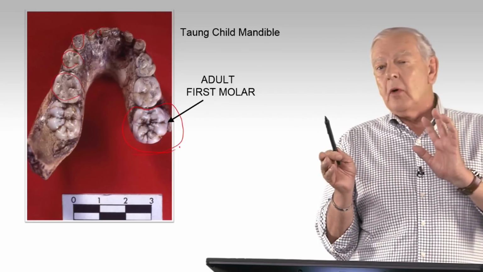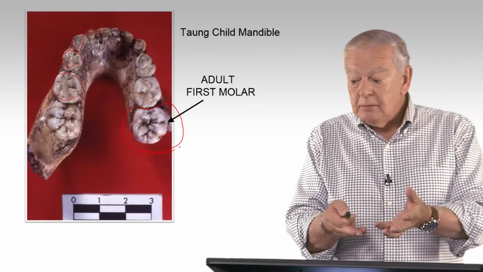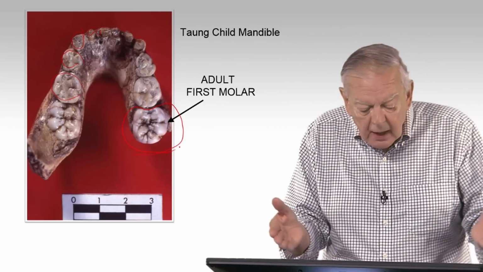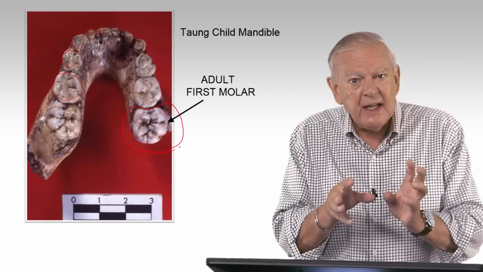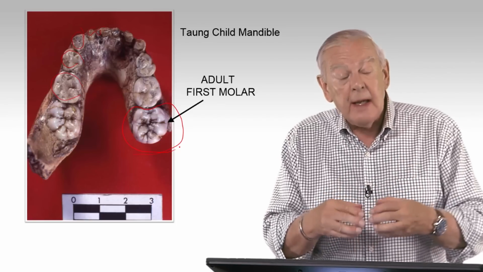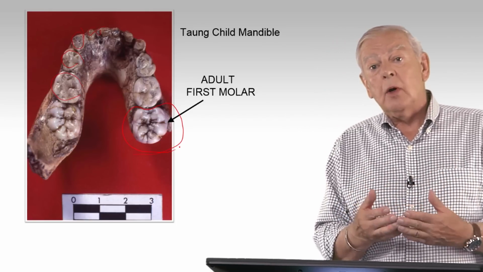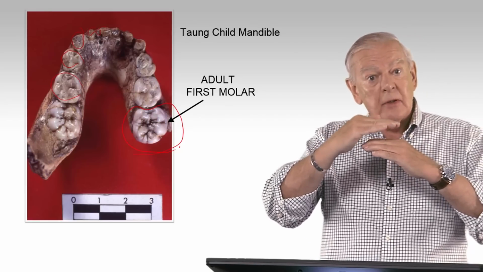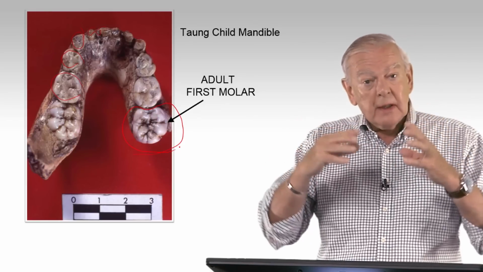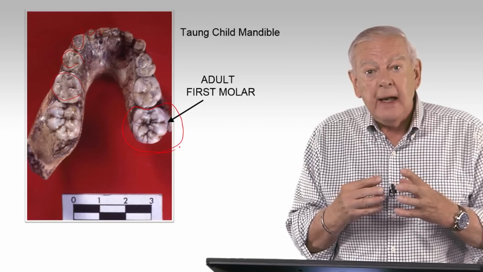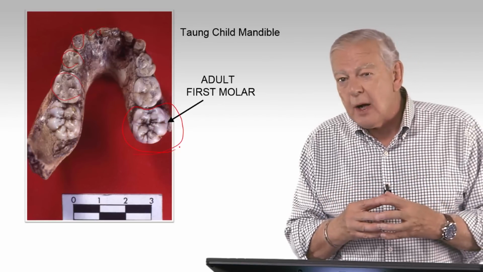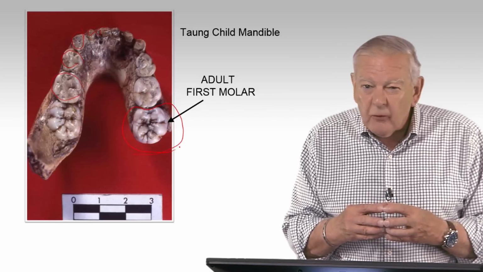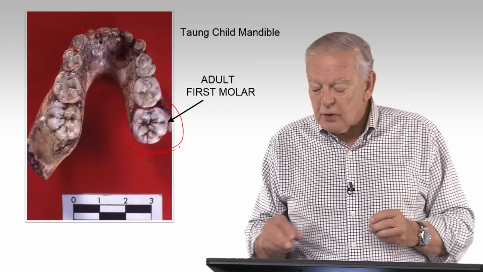So if this were a modern human jaw, and we were doing forensics, we would say, this child died at around age 6. Well, as I said, recent work on the speed of these layers of enamel that are laid down like tree rings can be established. And this child was probably around 3 or maybe 4 years old when it died.